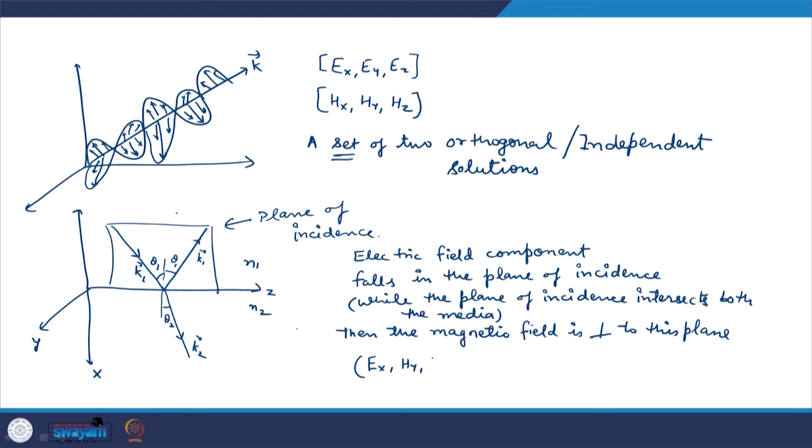This is called transverse magnetic polarization, or TM, or P polarized.